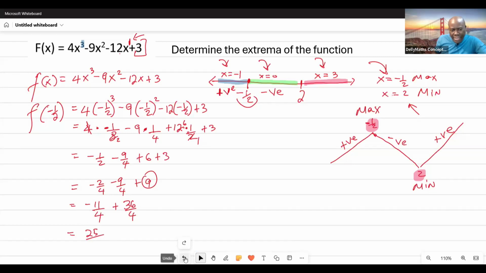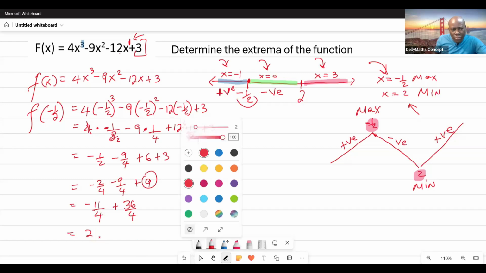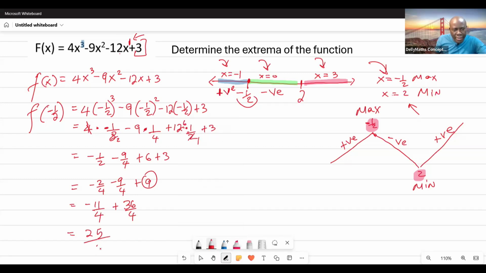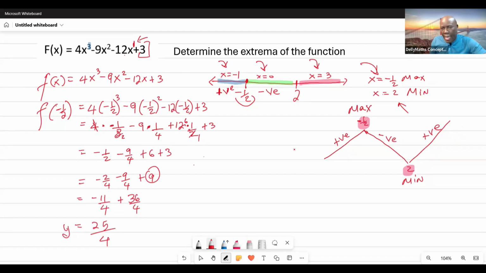Let me write that a little bit better. All right. So that's 25/4 for my y value here. At my maximum, I have this point right here. There it is. So my y is 25/4. So the coordinate is right here. That's at my max, right?